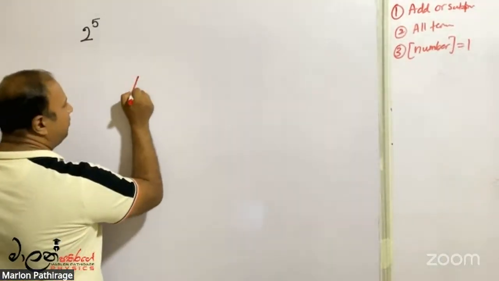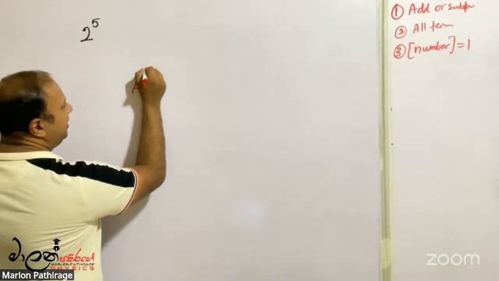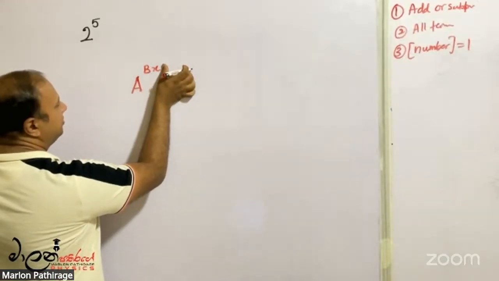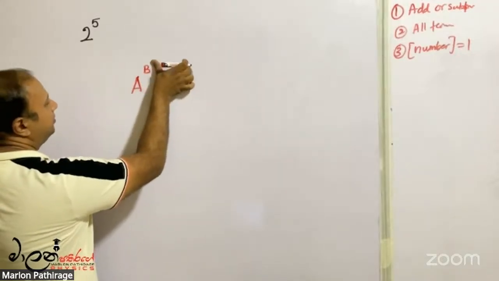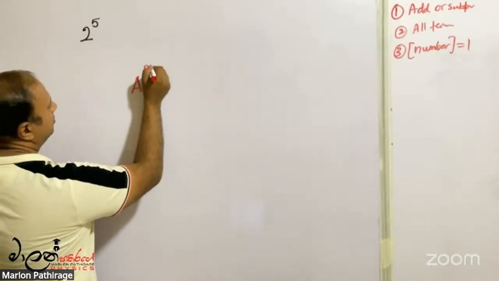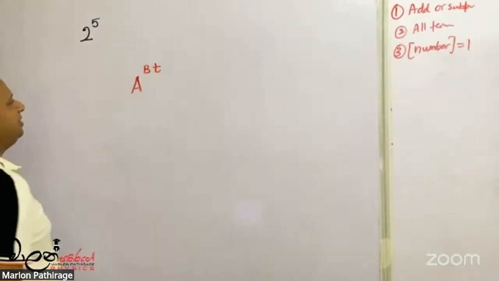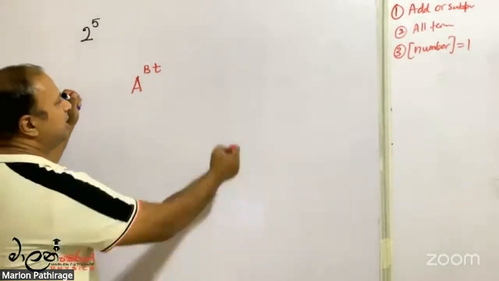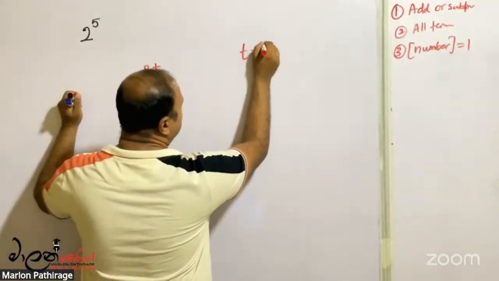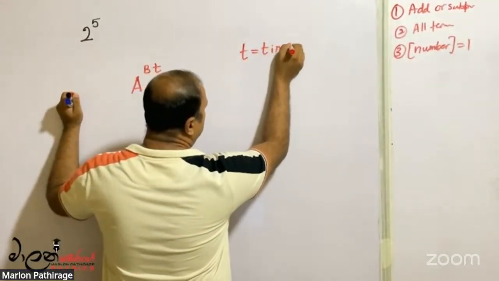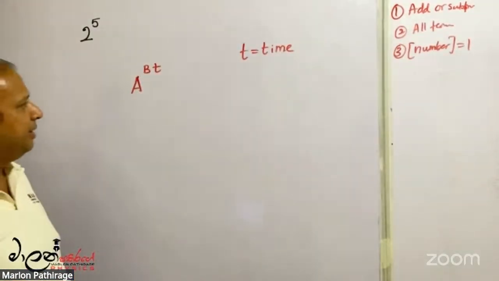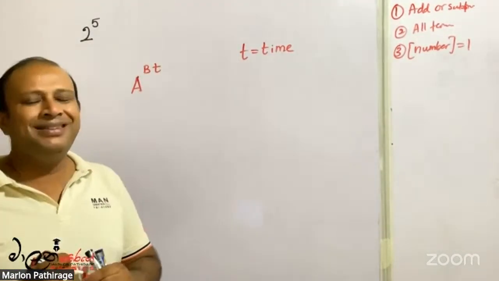Suppose now there is an expression like this: a to the power bt. Suppose t is a time. So now, the index is a number.